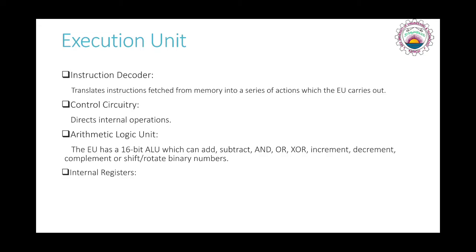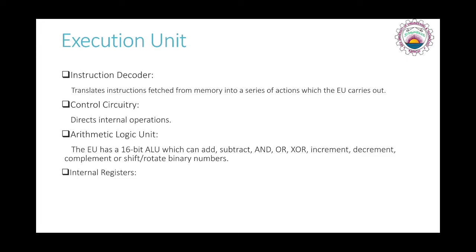So control circuitry will be required to use the different units of the execution unit. For example, if you are having a move instruction and you have to move some data from one register to another, you will be requiring some control signals to transfer that data.